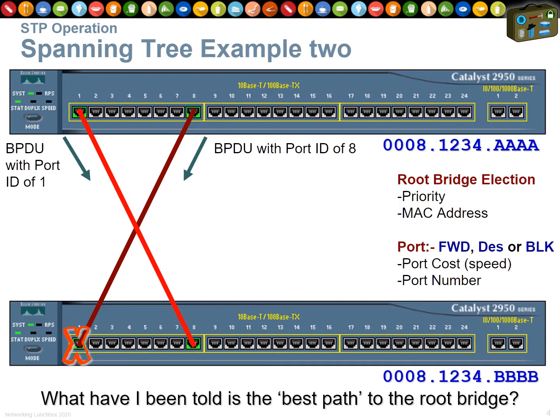Port 1 says I'm port 1. Port 8 says I'm port 8. So the bottom switch receives this information and says, right, the most efficient path for me to get to the root bridge is to get to the root bridge on the root bridge's port 1. Therefore, port 8 on the bottom switch remains active and port 1 on the bottom switch shuts down.